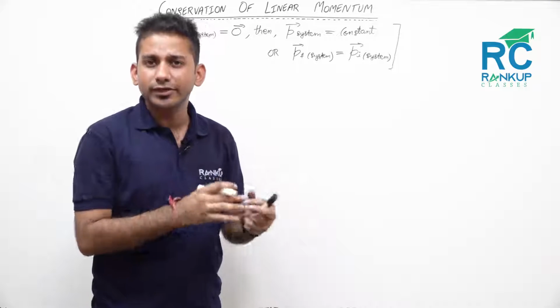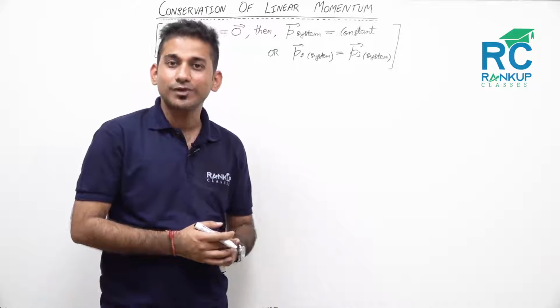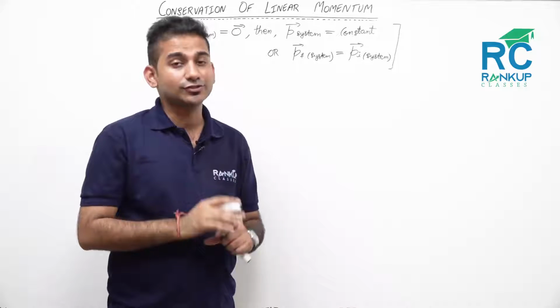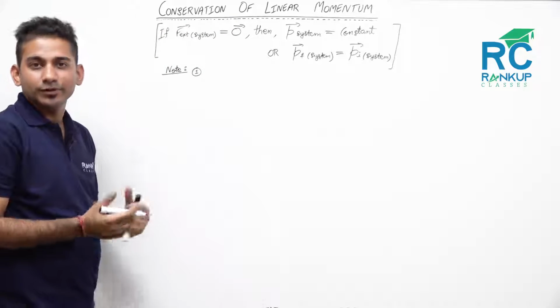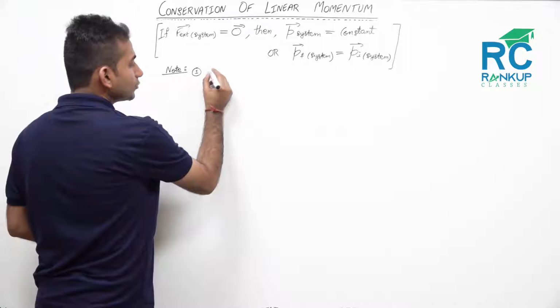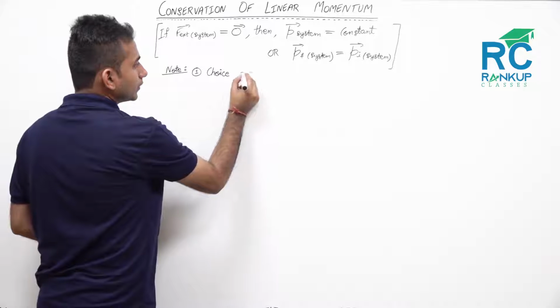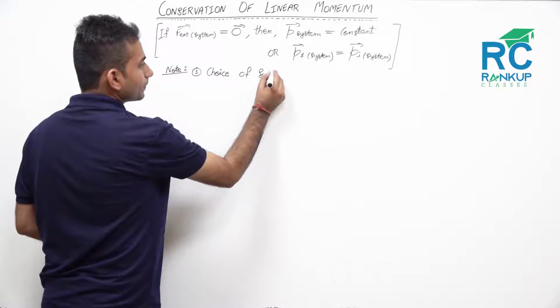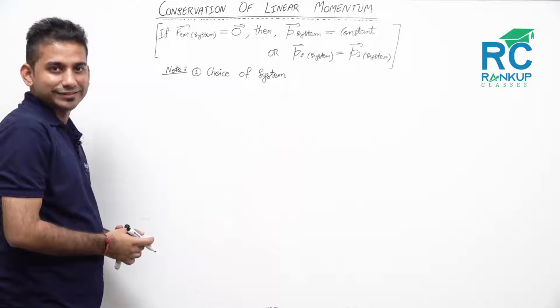All the forces will become internal so that there will be no external force acting on the system. And only in such a case, when there is no external force acting on the system, can the linear momentum of the system be conserved. Which means the first thing you should make note of is the choice of system. The system should be chosen wisely, right?